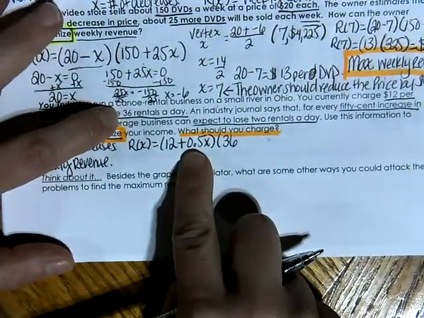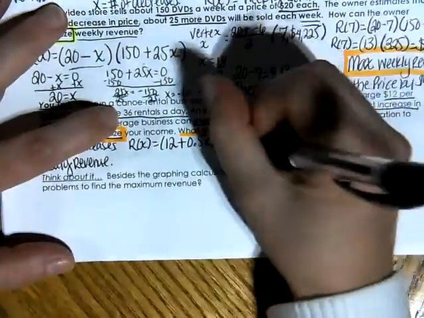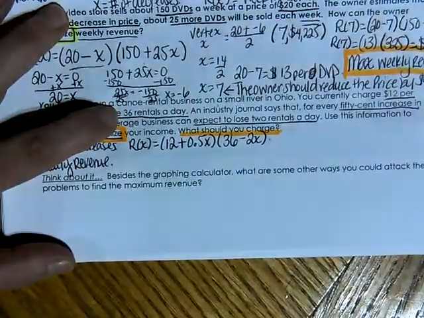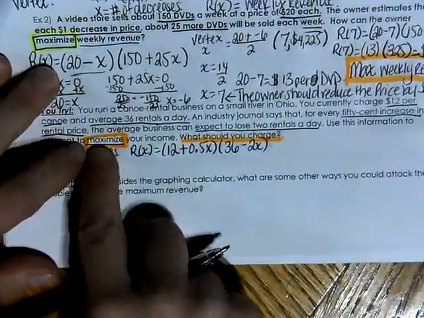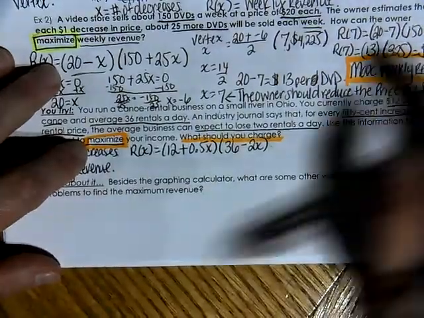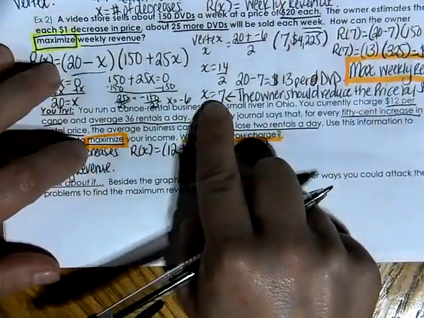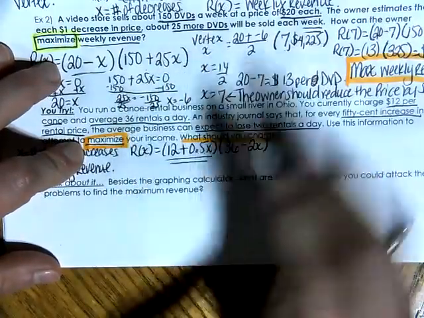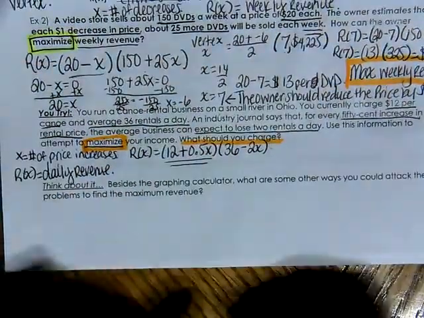But because I'm increasing the price, I'm going to lose, which means minus 2 rentals a day, 2x. From here, we want to look at finding the x part of the vertex, because that x value is going to help me find what my price should be. And remember, that first parenthesis is your price.